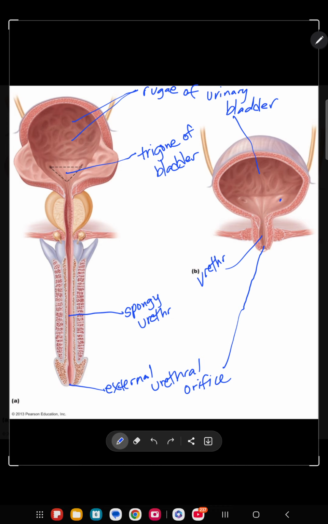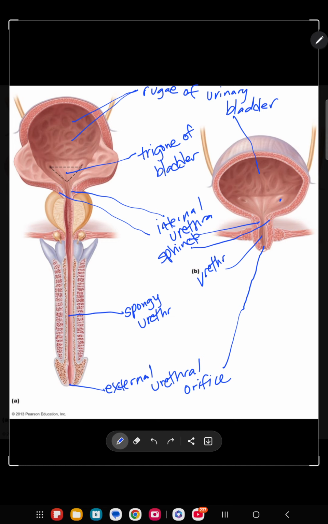And the male and female both have an internal urethral sphincter. So that's right here for the female, right here for the male.